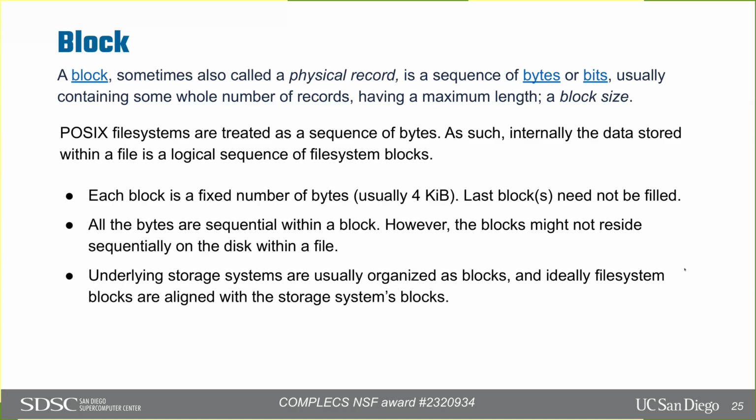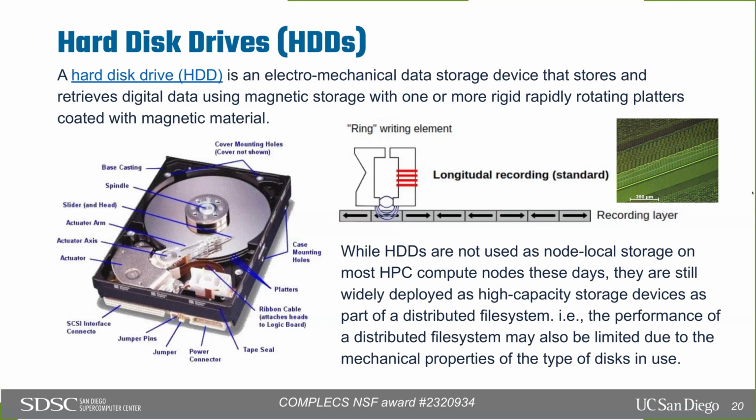A block is really the physical sequence of bytes that's laid out, and sometimes it's called a record, and it has a certain size. So this is basically the physical layer. In the hard disk drive images here, I put an electron scanning microscope picture of what the physical medium looks like on the actual spinning disks, and you can see these little regular structures.